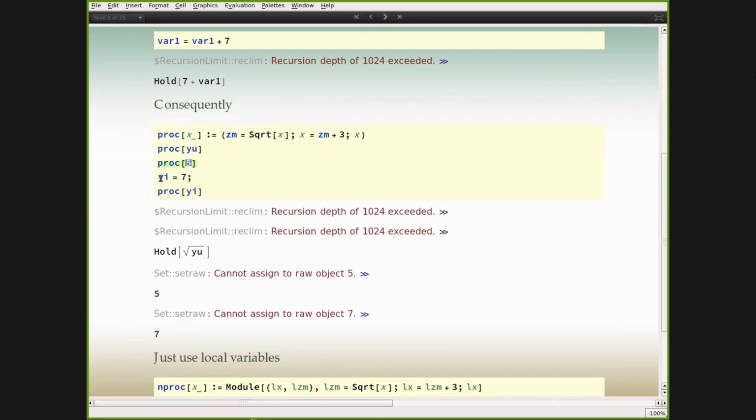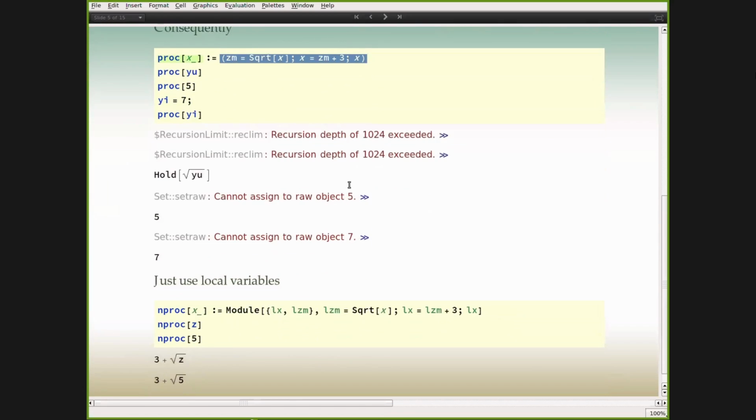Again, when you define your variable yi equal to 7 and call your function with this variable, you won't obtain the result, since yi has a value of 7. This value of 7 is interpreted as x, and you cannot substitute anything to a numerical value. So again, it won't work. At first sight, it looks like a proper function, but it is not a function which you are able to use.